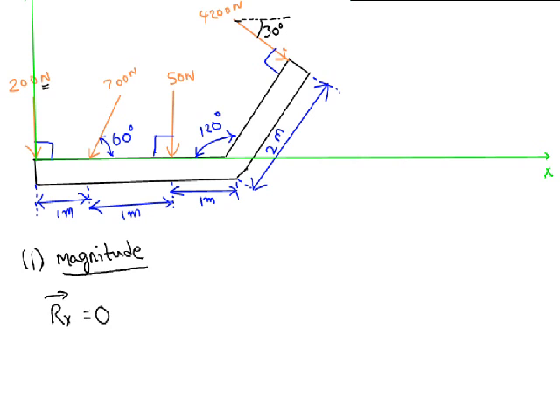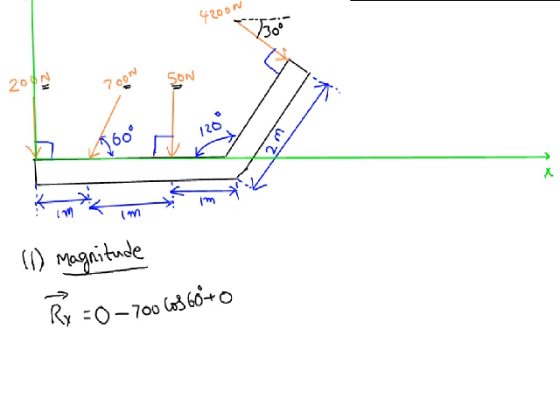This 700 Newton force is going into the third quadrant, so its x component is negative: minus 700 cos 60 degrees. This 500 Newton force is again a vertical force. It doesn't have any x component.